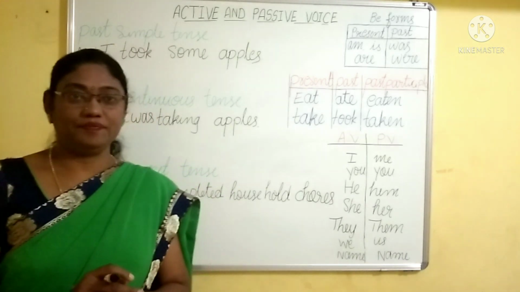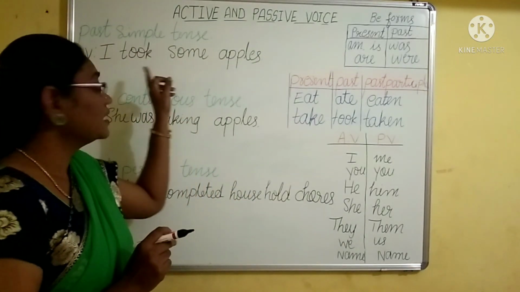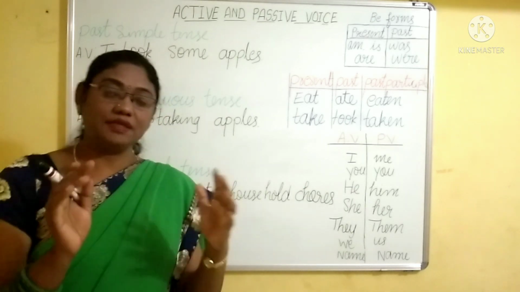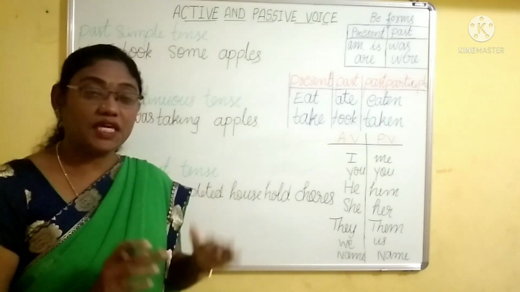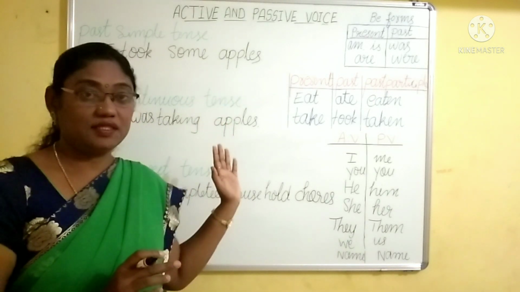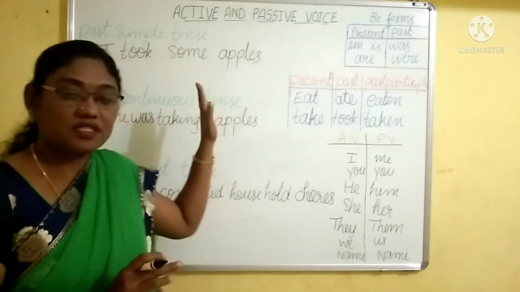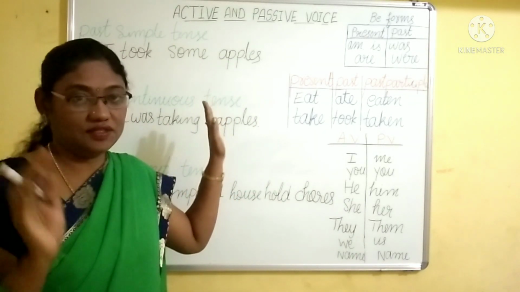Among them, today we are going to learn about simple past tense. Let's take examples of simple past tense and I will tell you how to change those active voice sentences into passive voice.